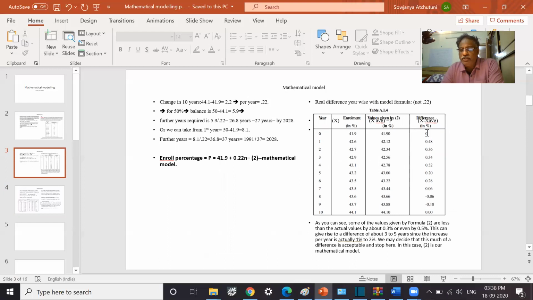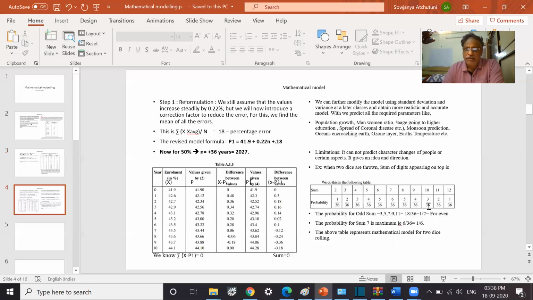If I add all the differences together and divide by 10, I get 0.18 as the percentage error in this formula. So I have revised my formula. The mathematical model has been revised: P1 equals 41.9 plus 0.22n plus 0.18. So this 0.18 is added to the model, and the equation is further corrected to the actual scenario.